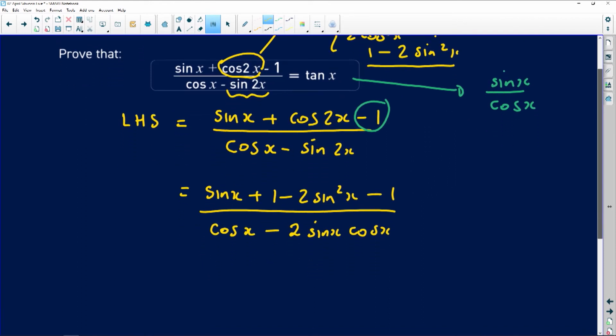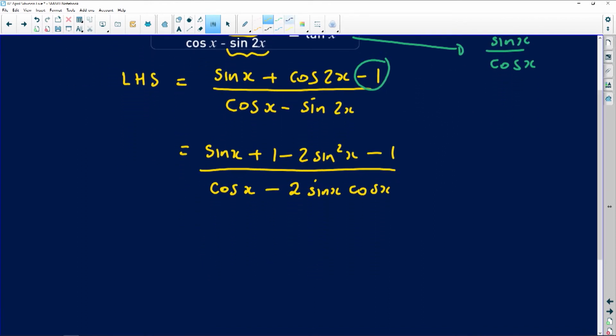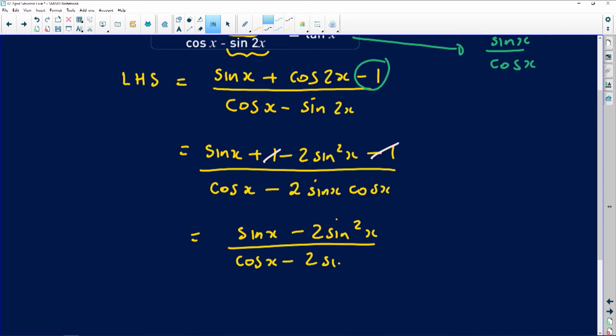Now once we have this, you will notice that on the numerator, this 1 will subtract that 1 out. That will leave us with just the sine of x minus 2 sine squared x, divided by, on the denominator, the cosine of x minus 2 sine of x multiplied by the cosine of x.